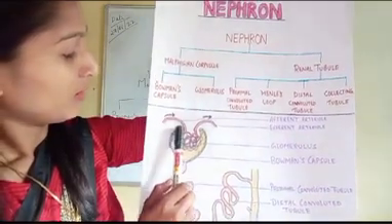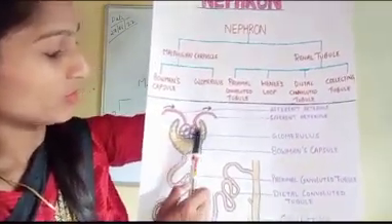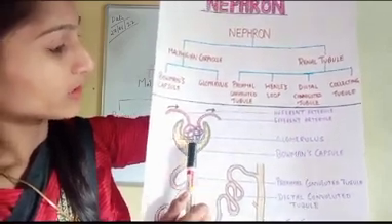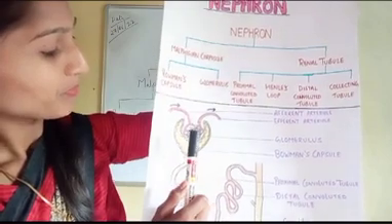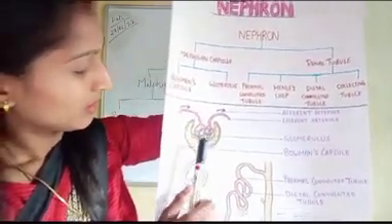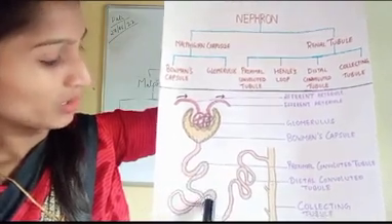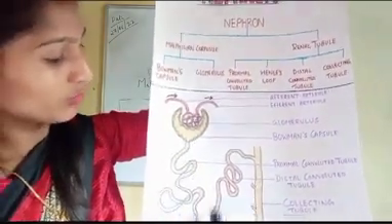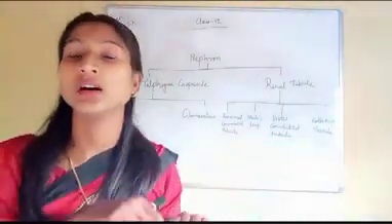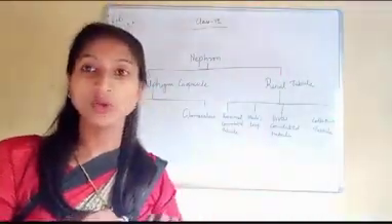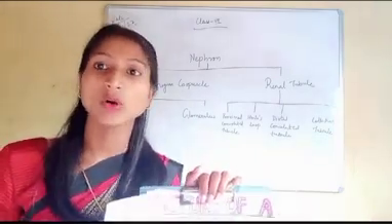So, what is happening? The blood carrying different waste products comes here in the glomerulus, and here it is filtered by the Bowman's capsule. Now the filtrate passes through this tube. In this tube, the useful substances, that is the amino acids, different types of proteins, and glucose, are useful for our body, isn't it?